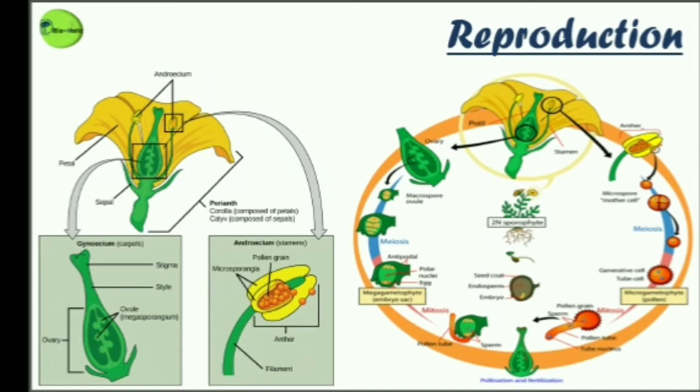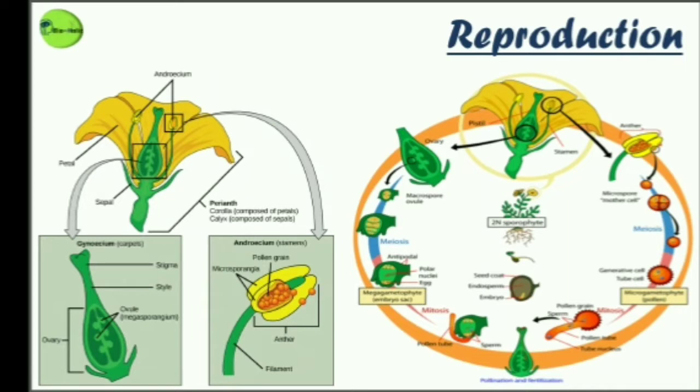The embryo sac formation proceeds by meiosis, and hence each of the cells of an embryo sac is haploid or n. Each embryo sac has a 3-celled egg apparatus, an egg cell and 2 synergids, 3 antipodal cells and 2 polar nuclei.